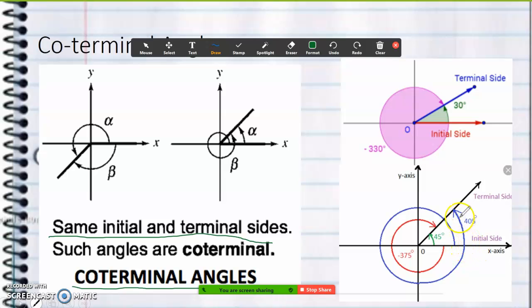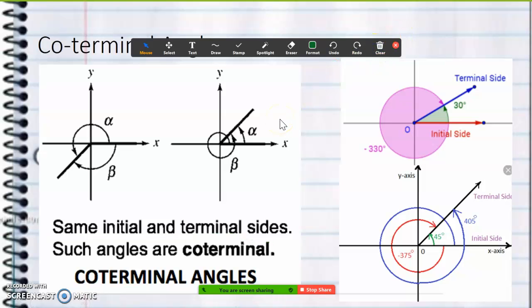And then if I go 45 more degrees, that's 405 degrees. So basically, to find coterminal angles, you're just going to either add or subtract 360 degrees if your angles are in degrees. If your angles are in radians, then you're going to subtract or add 2 pi.